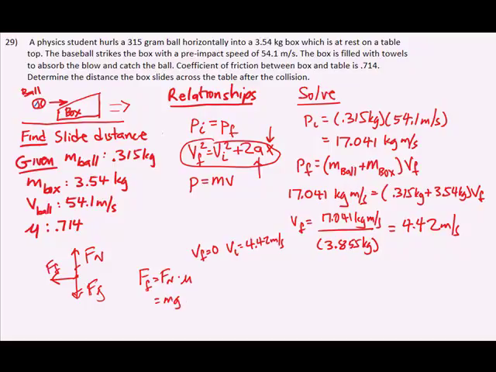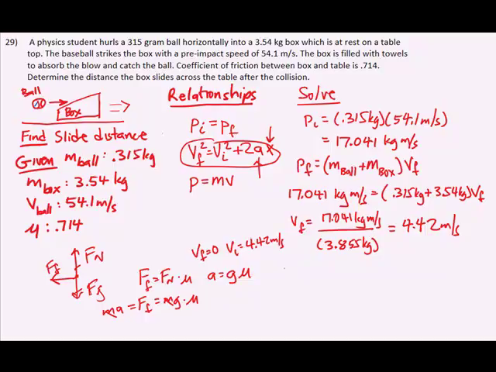Mass times gravity times mu is equal to our frictional force, which really is just equal to mass times acceleration. This will work out well. Let's cancel masses. We know that our acceleration in this case is really just gravity times mu. That comes in handy.